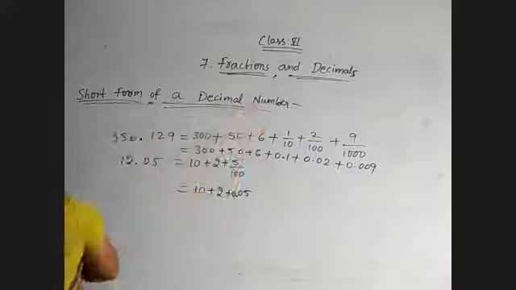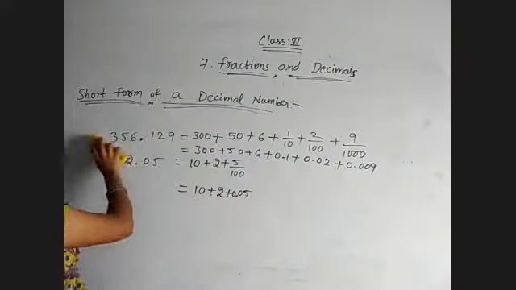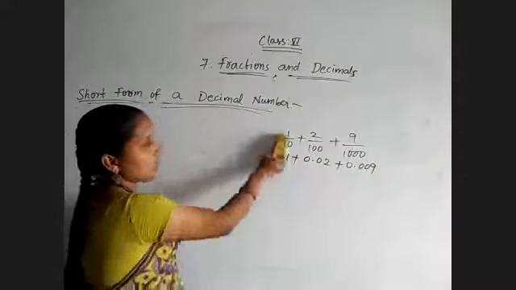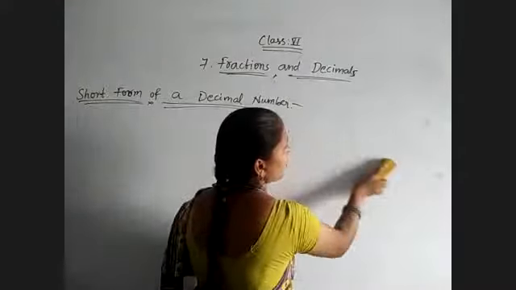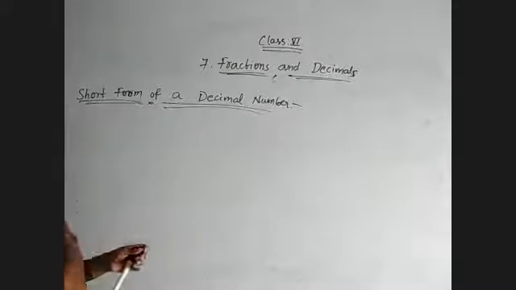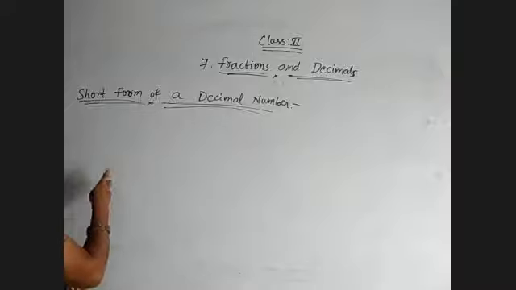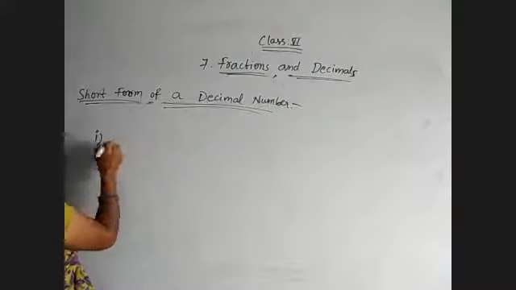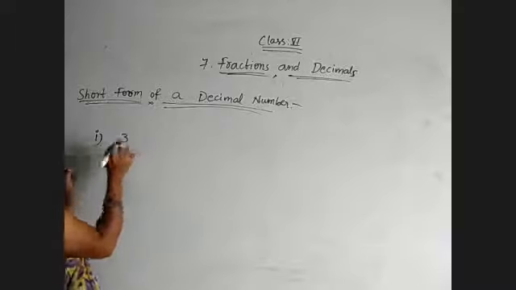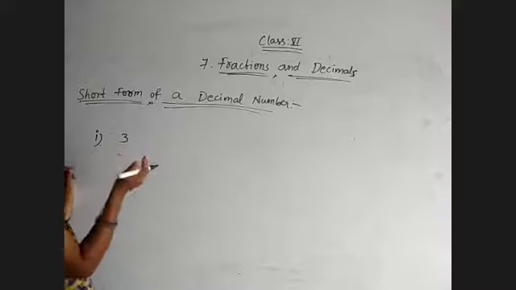Now we will see what is meant by short form, standard form, lowest form, normal form, or ordinary form. All those are names for the short form of a decimal number. Just observe, I am giving one example. They will give the expanded form, and we must write it in the short form.